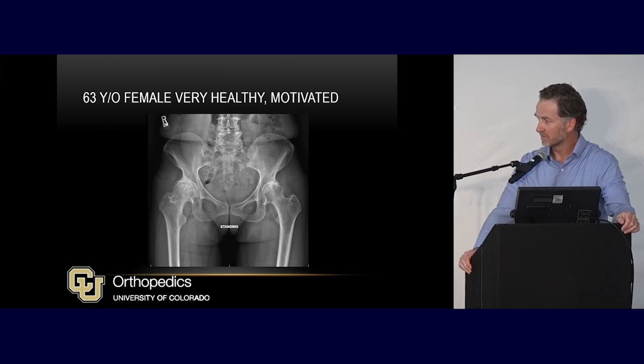Risk, simultaneous, bilateral. What are you saying? So the data is, you can pick whatever papers you like. Some show increased risk, some show equivocal risk, but I favor staging these. I prefer to do one side versus the other side.